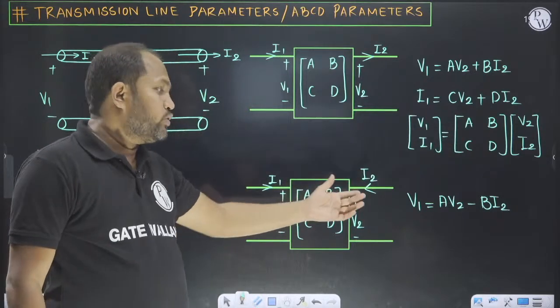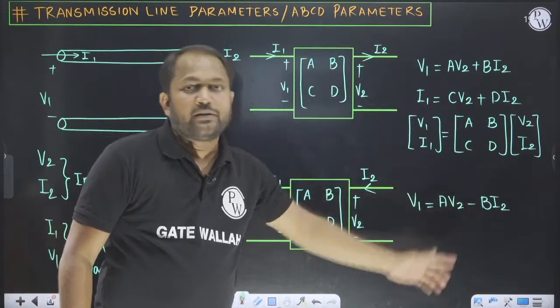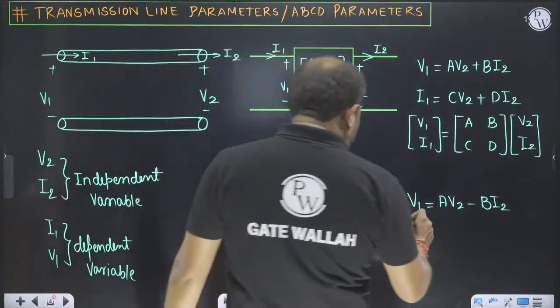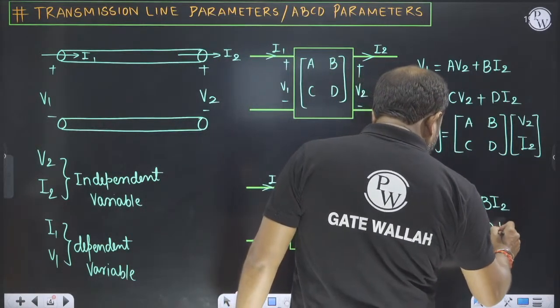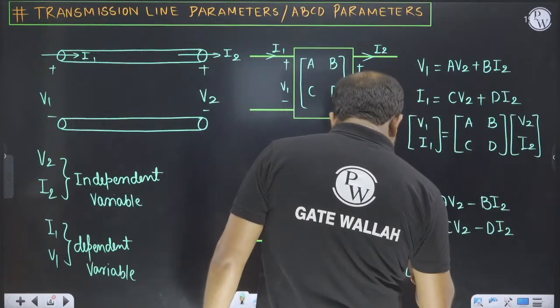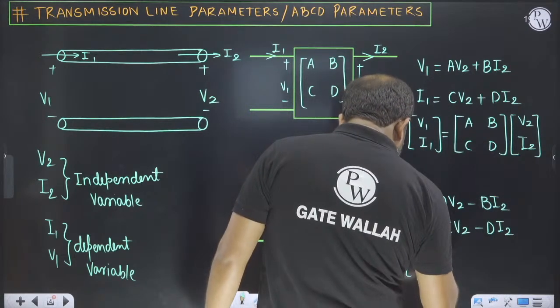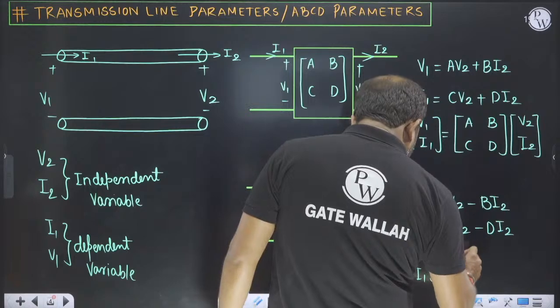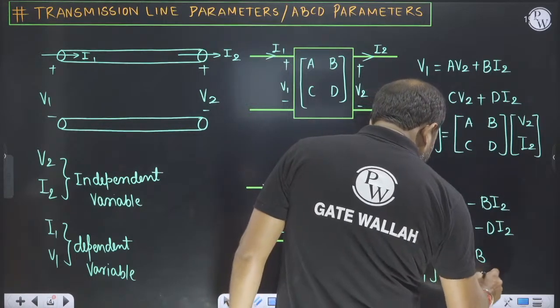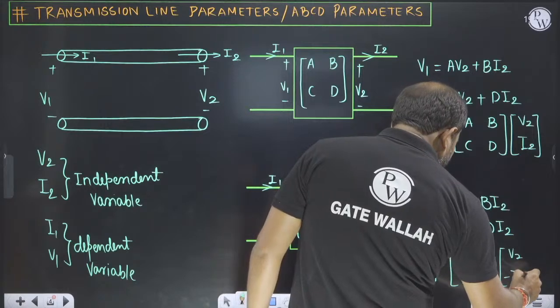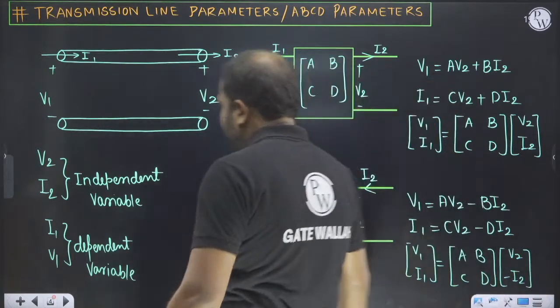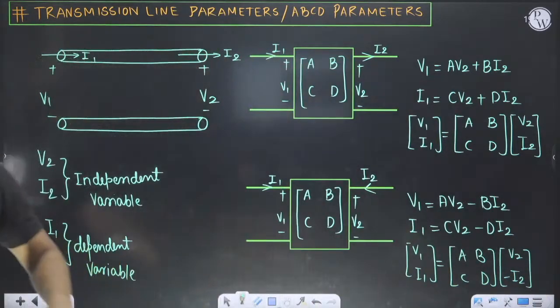But here I2 is inward, so I will take a negative sign. The matrix will not change, but the sign of I2 will change. Here the sign of I2 is minus. It is a very good point which you have to note.